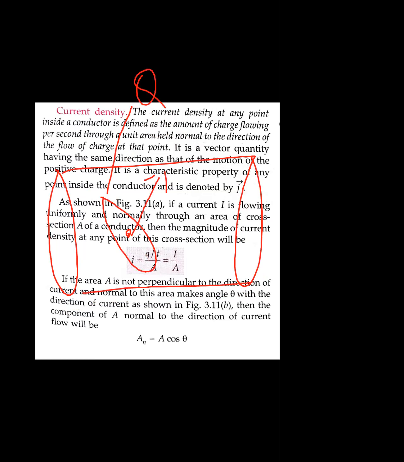Now we are going to draw the area vector through this cross section. This was the cross section which we had selected, and let it be called Q. As we know, area is a vector quantity.